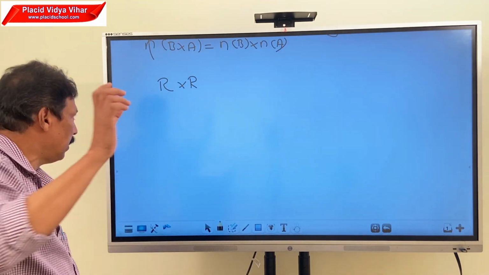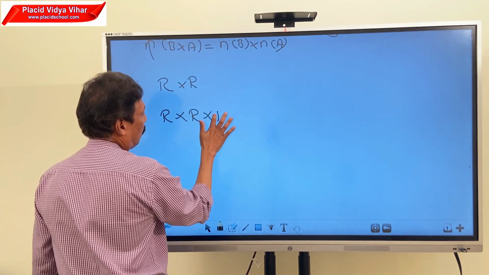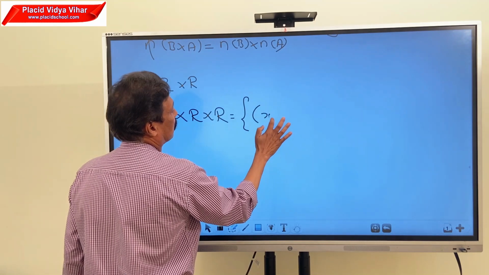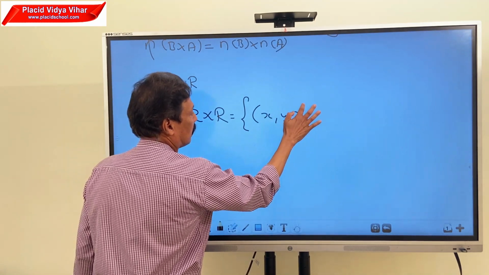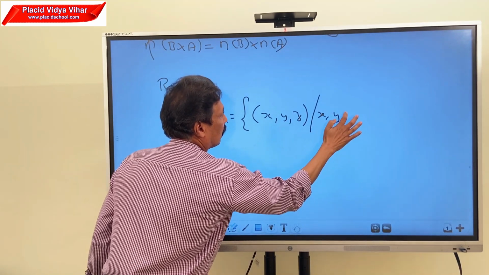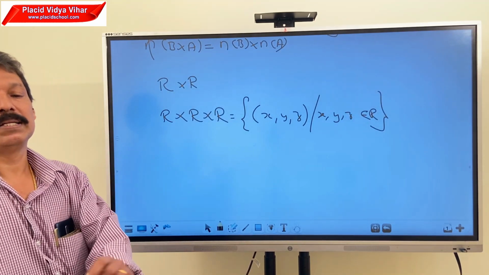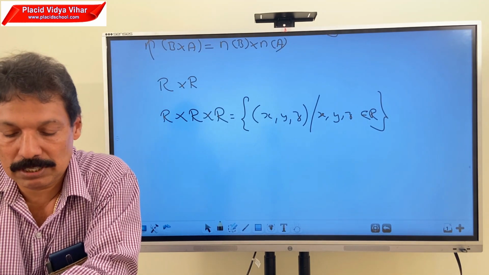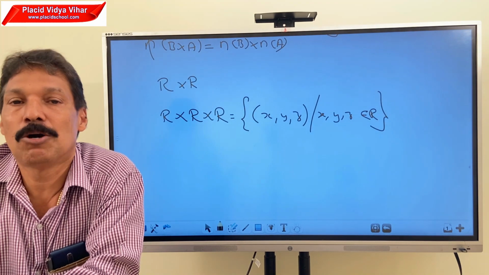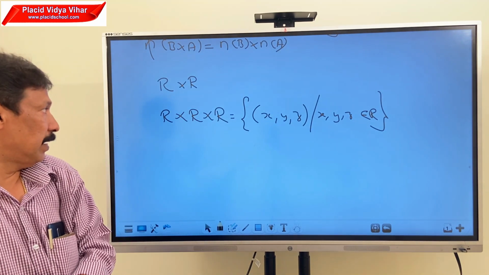And also we define another, R cross R cross R. That is the set of all triplets (x, y, z) such that x, y, z belong to the set of real numbers. This set of triplets, R cross R cross R, represents the set of all points in our three-dimensional geometry, all the points in our space.